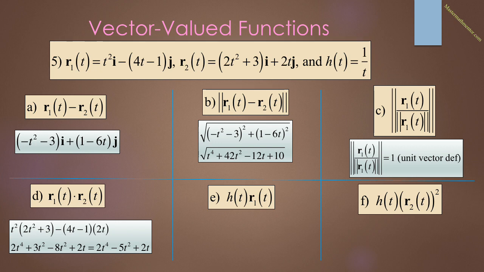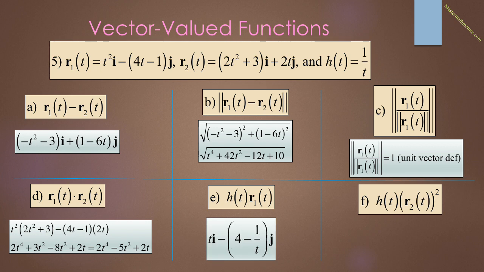Expanding that expression, we get 2t to the fourth plus 3t squared minus 8t squared plus 2t. Final answer, 2t to the fourth minus 5t squared plus 2t. Our answer is not a vector, our answer is a scalar.